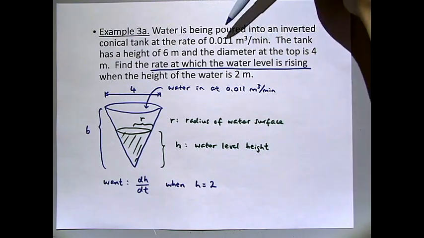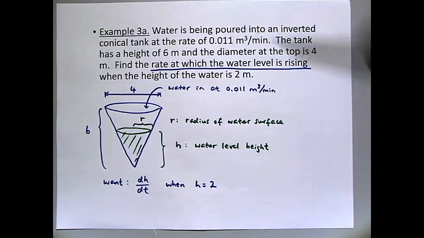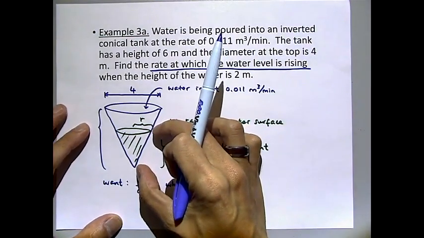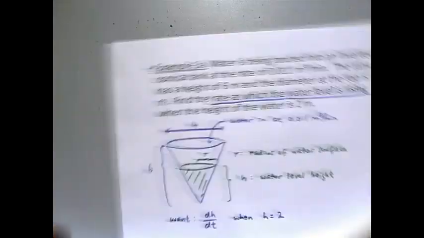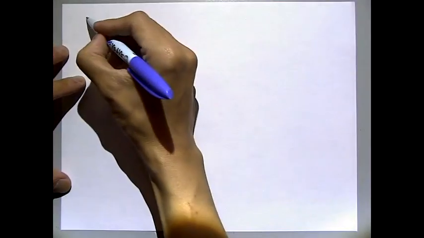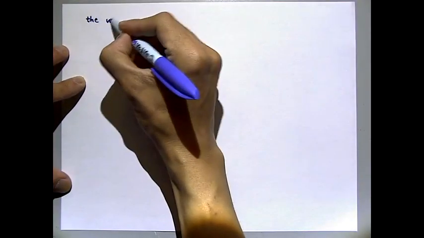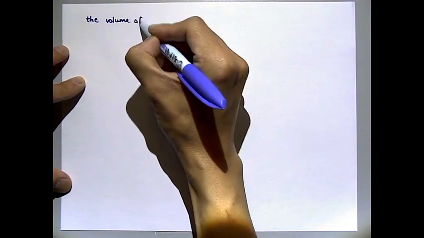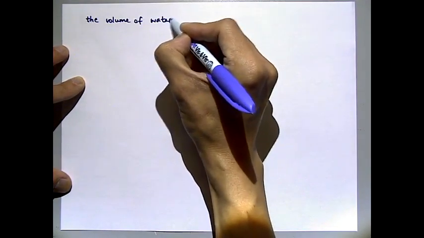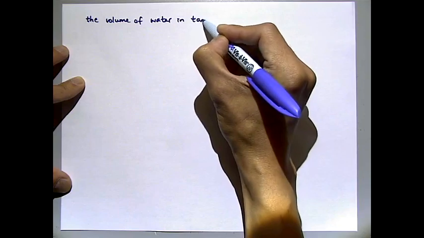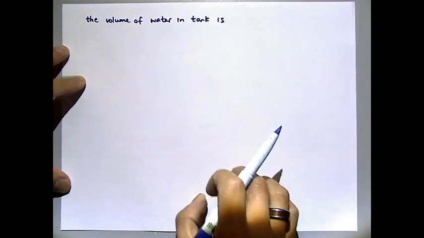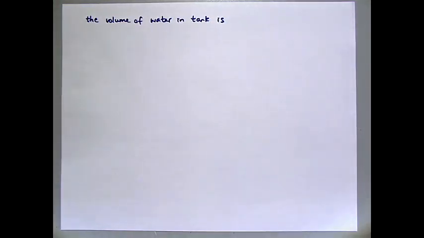So notice what's going to happen here. As we pour more water, the volume of that green part will change. The volume of the water, the green part, is also a cone, right? It's a smaller cone.